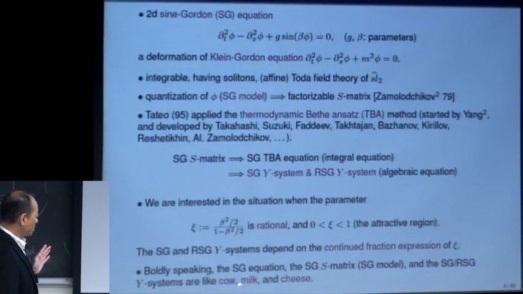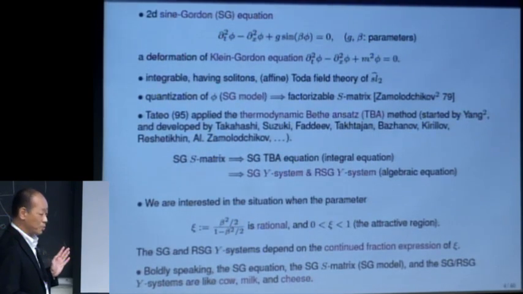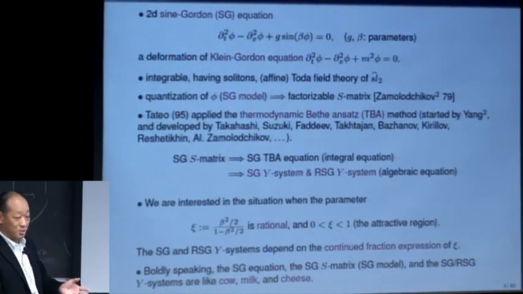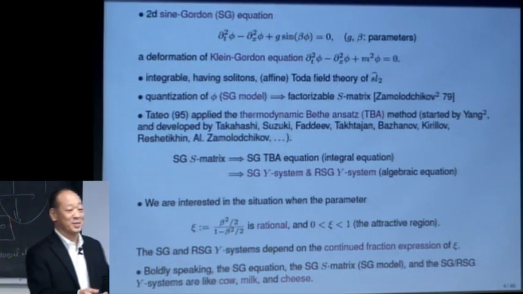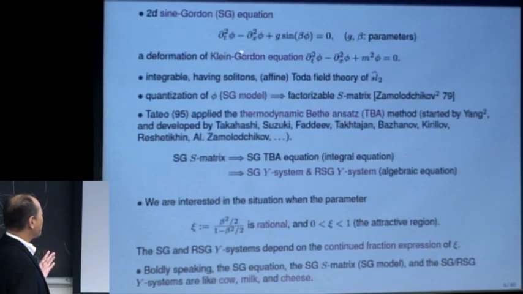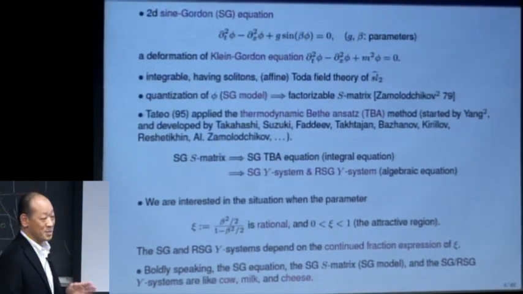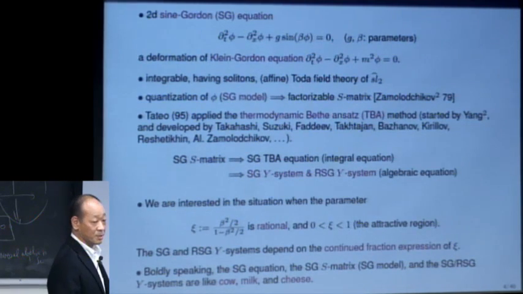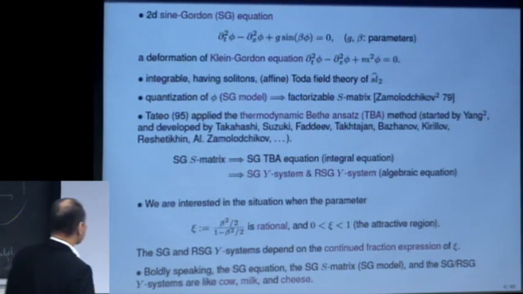So milk is produced by cow, cheese is produced from milk. But if you compare cow and cheese directly, it's very different. So if you compare this sine-Gordon equation and sine-Gordon Y systems, they are totally different. It's not just a discretization of this one. Okay, so this is a rough idea.